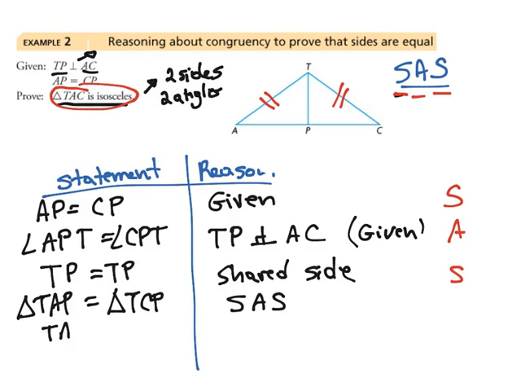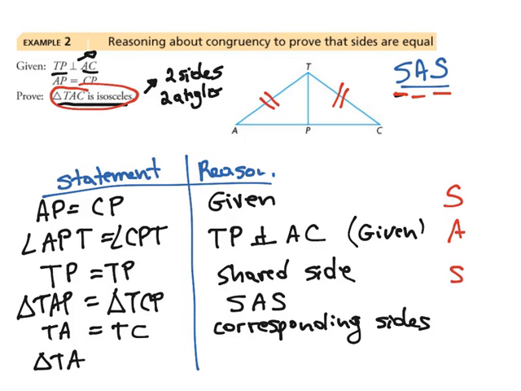And that's what we'll do. TA is equal to TC. They are corresponding sides in a congruent triangle.